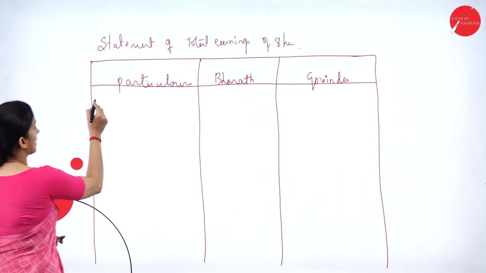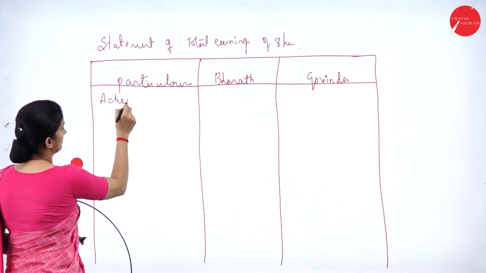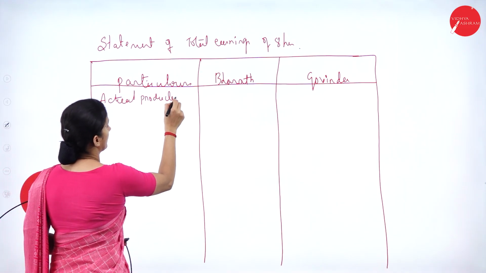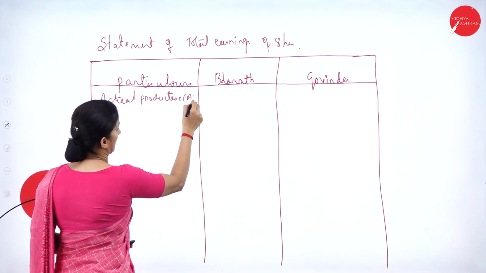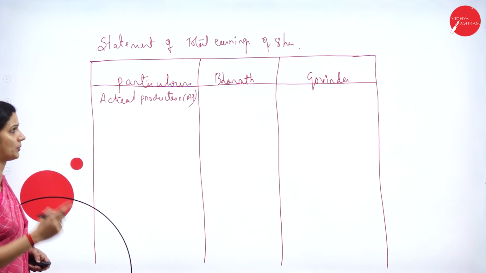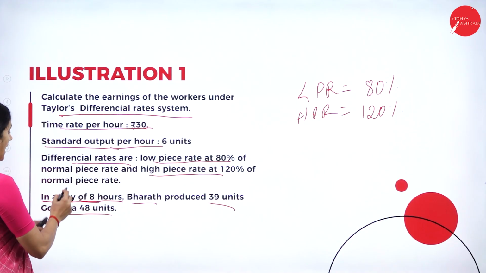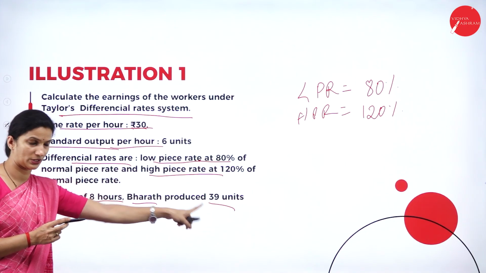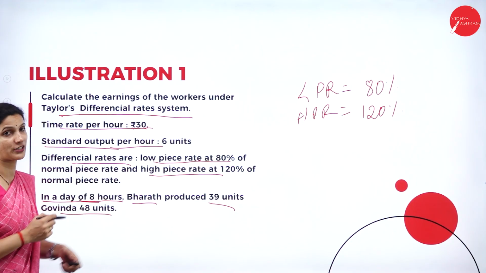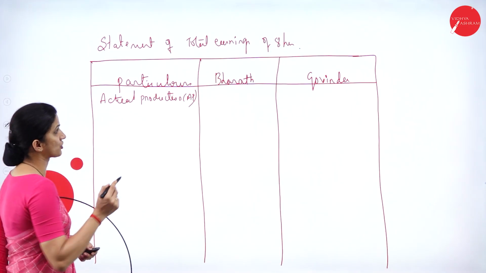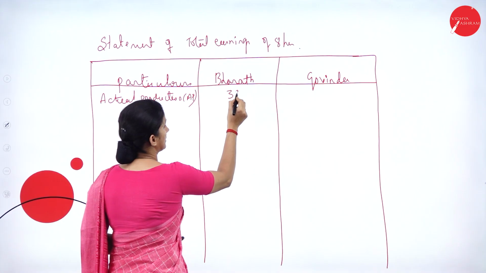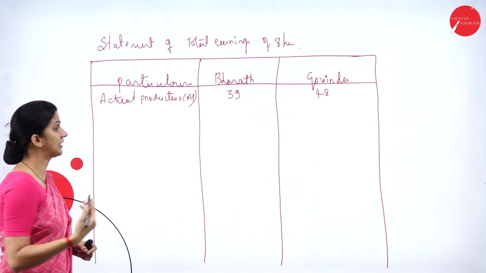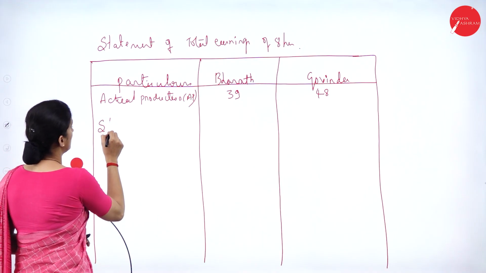First we will take the actual production, that is AP, of both the workers. Bharat produced 39 units and Govinda produced 48 units. So that is their actual production. Then we need to take the standard production.